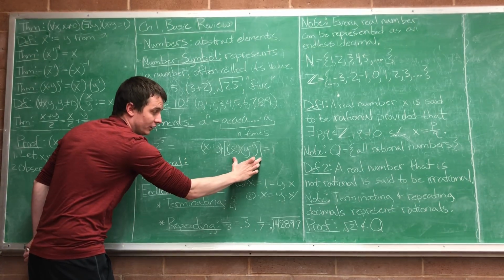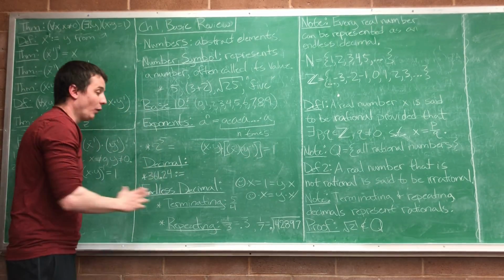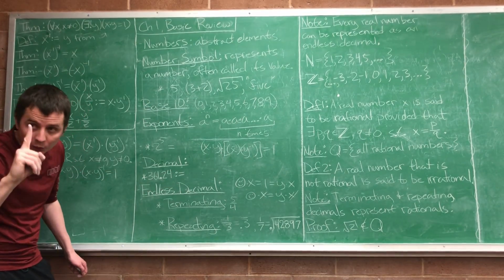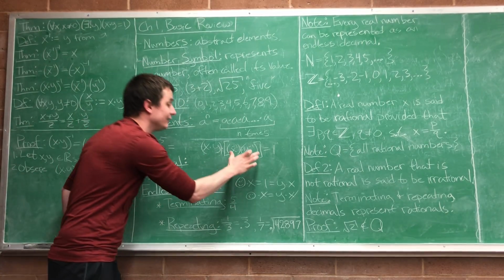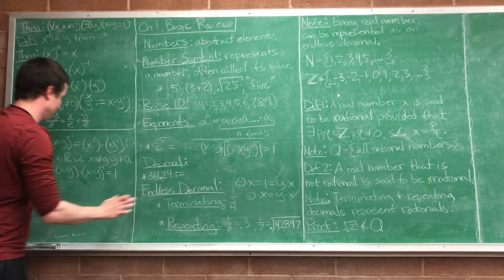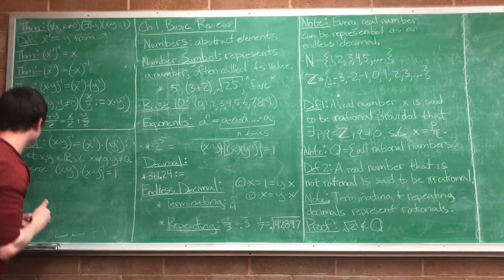What is a multiplicative inverse? It's a number such that when you multiply it by it, you get 1. So I know that x times y has only one multiplicative inverse. If I can show that this is a multiplicative inverse, then this is the only multiplicative inverse. So it is this. They're the same. You with me? Okay.